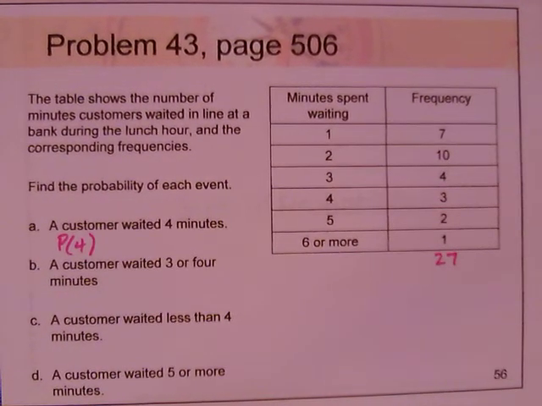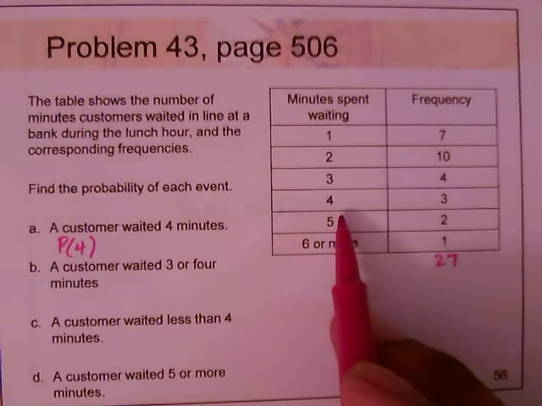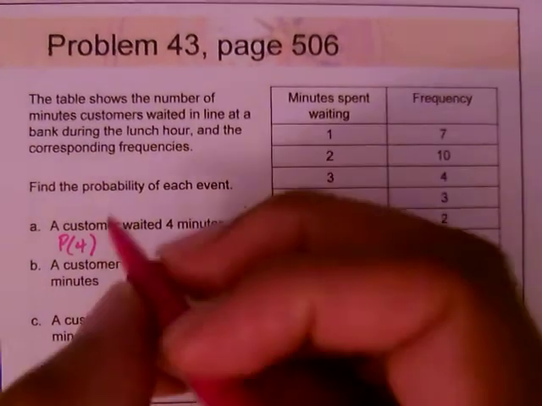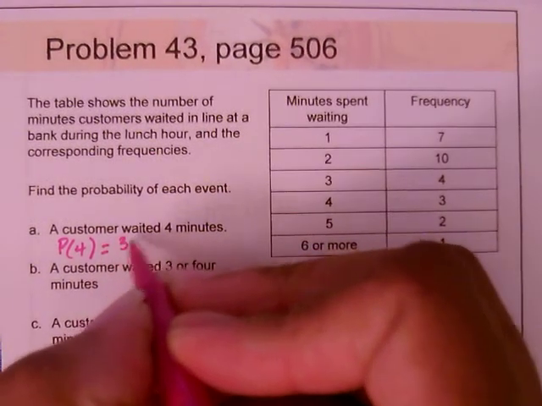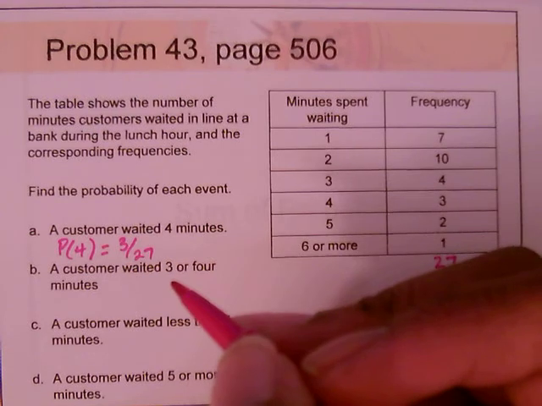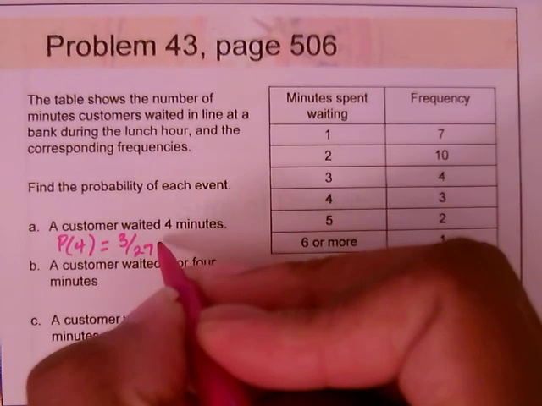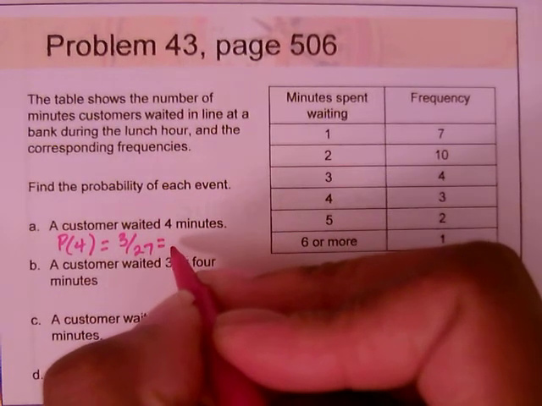And for 4 minutes, 3 people waited 4 minutes out of 27. So 3 divided by 27, well, let's write that in simplest form. This will be 1 over 9.